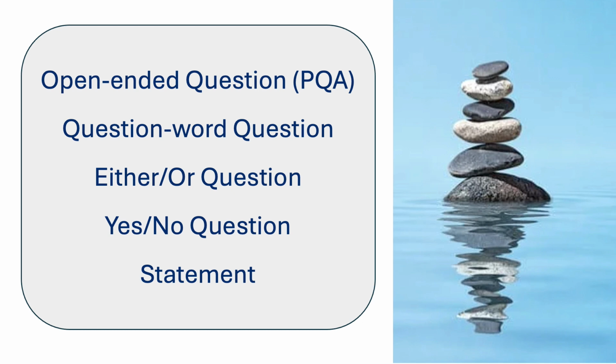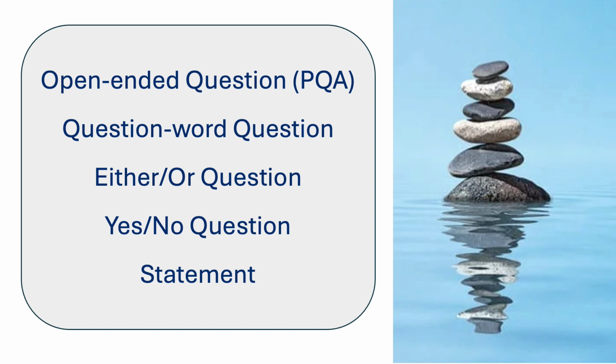This is also referred to as PQA, or personal questions and answers. From here, students are given the opportunity to give longer, more open-ended answers based on the questions that the teacher asks. This cycle can be repeated over and over again for different target words and phrases.